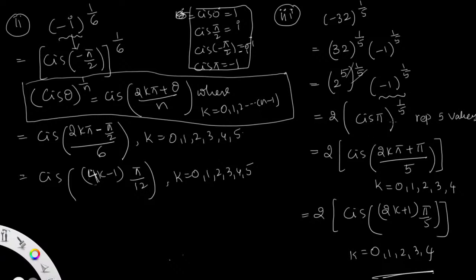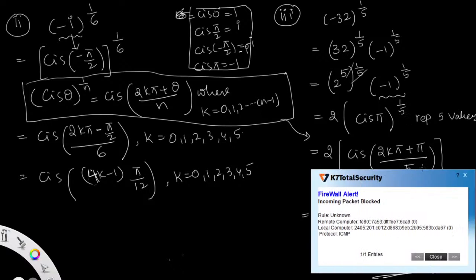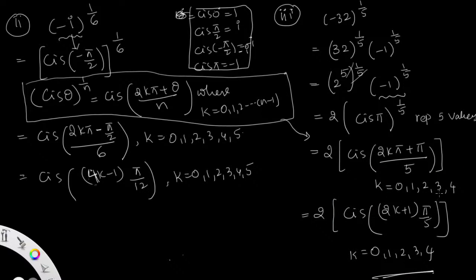Now write 2 cis pi whole to the power of 1 by 5, which represents 5 values. It is in the form cis theta whole to the power of 1 by n. So cis of (2k pi plus theta) divided by 5 represents 5 values, so k equals 0, 1, 2, 3, 4. So 2 cis of (2k plus 1) pi by 5, where k takes 5 values. This is question number 2.